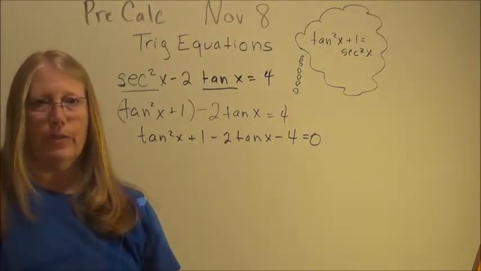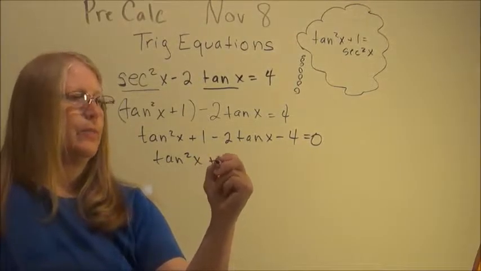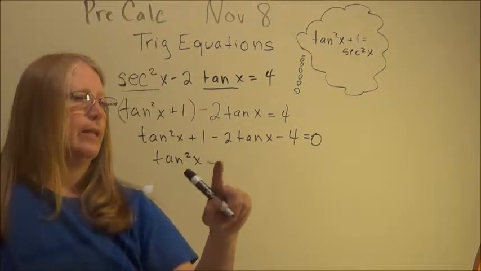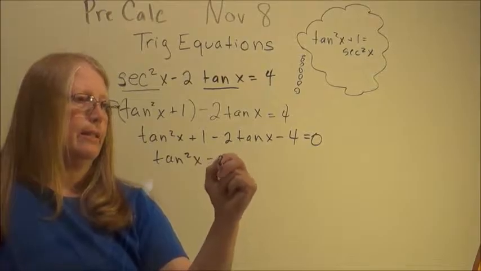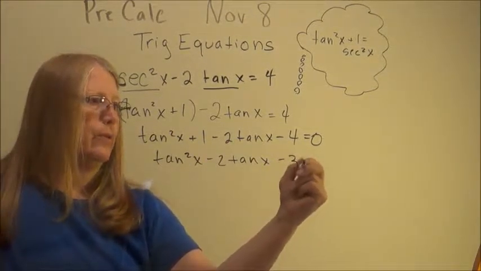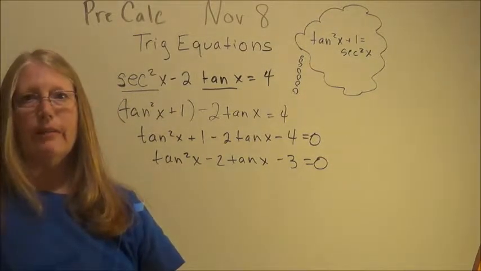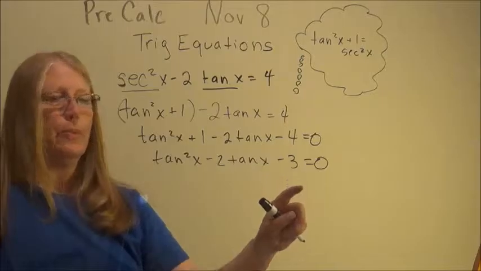What like terms do you see? Tangent squared x, minus 2 tangent x, and a plus 1 and a minus 4 give me a minus 3. All right, how do we solve the trig equation when we get down to this point?